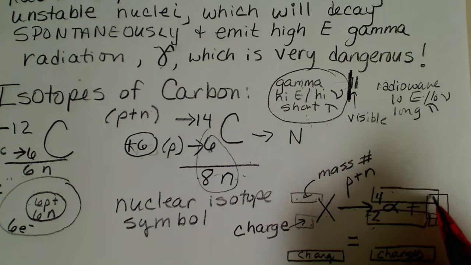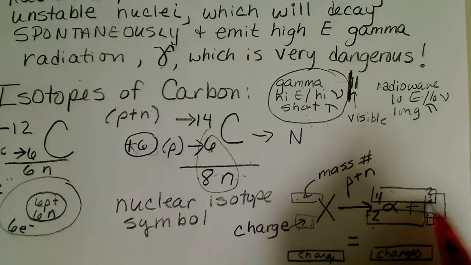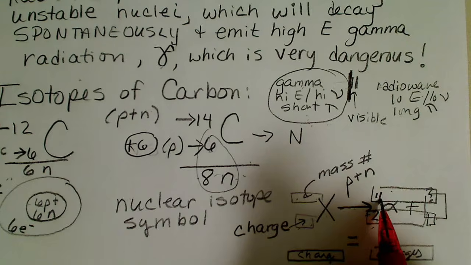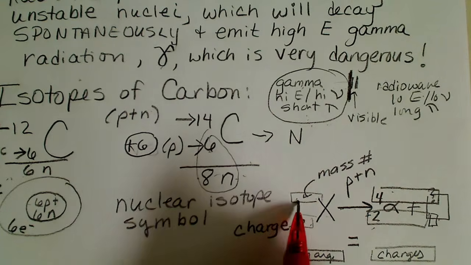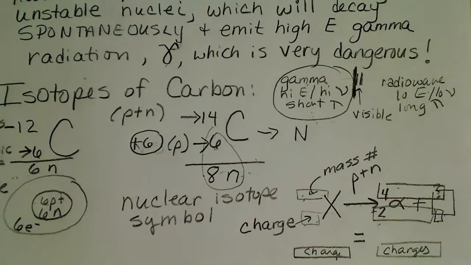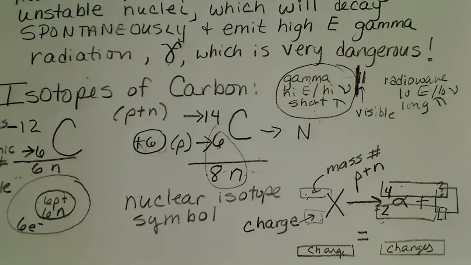Then what isotope of that atom it is depends on what number, when we add 4 to it, equals the number given in the problem. It's not a difficult concept if we keep in mind that everything on both sides of the equation must balance.